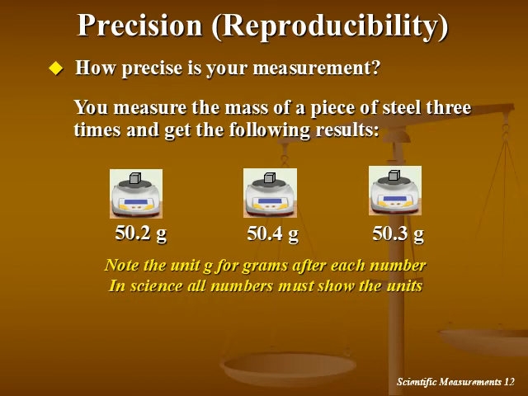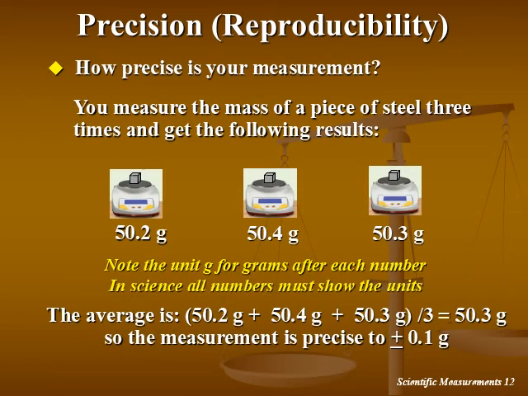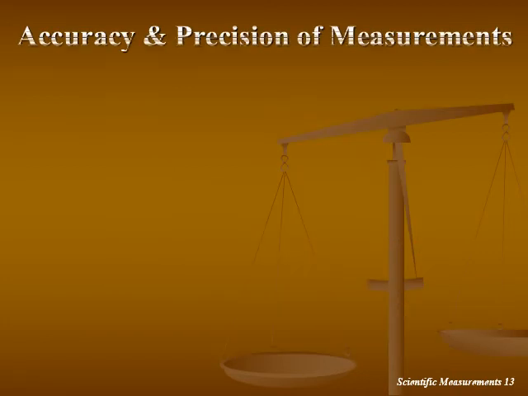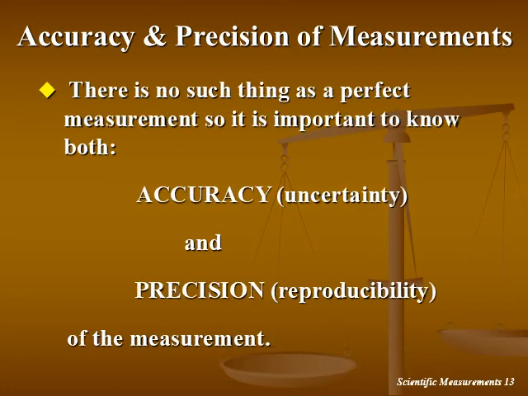In science, all numbers must show the units. When you take the average of the 3 masses by adding them together and dividing by 3, you get a value of 50.3 grams. Therefore, your measurement is precise to plus or minus 0.1 gram. There is no such thing as a perfect measurement, so it is important to know both the accuracy and precision of the measurement.